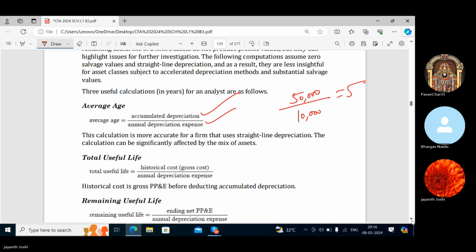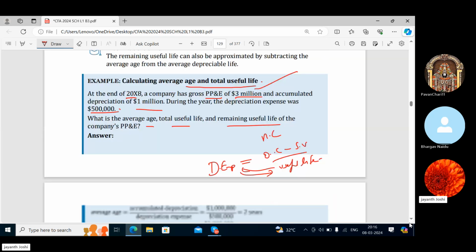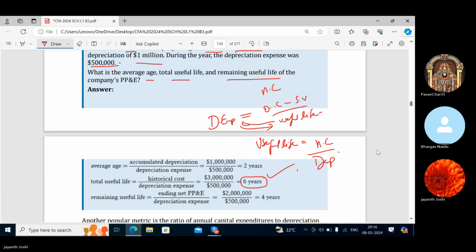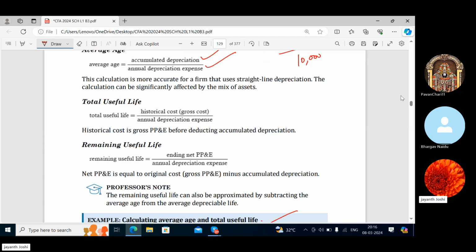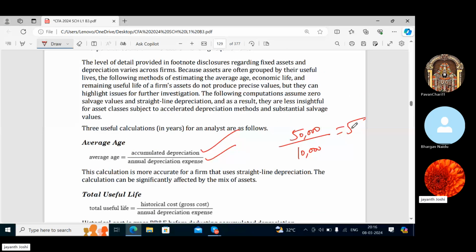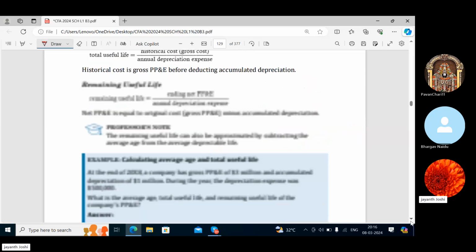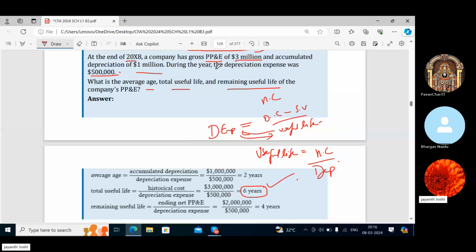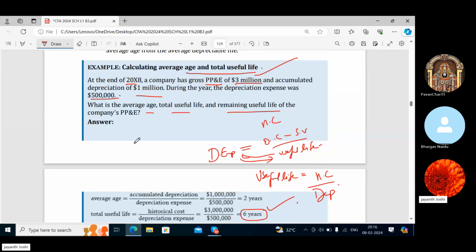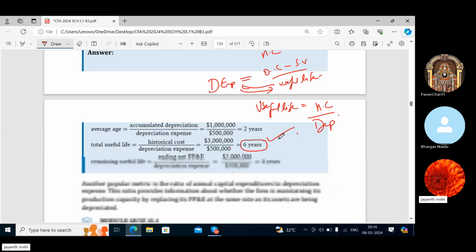Is it right? Average age is 5 years; on an average, the asset has been used for 5 years. So here, the question says the accumulated depreciation is $1 million and the depreciation expense is $500,000. So you have 2 years. Average age is 2 years.